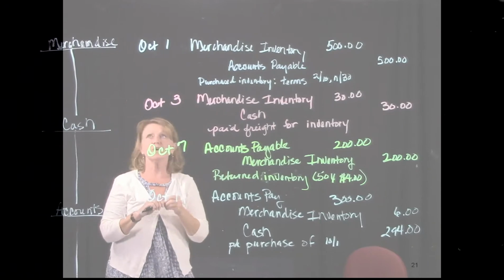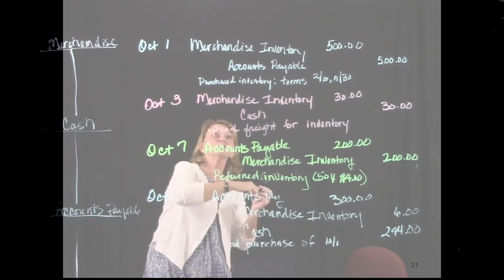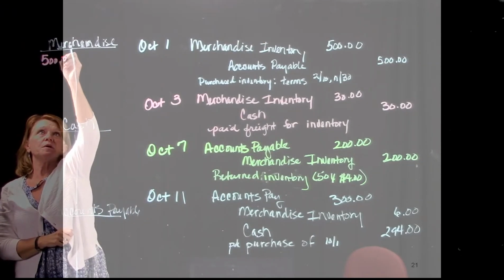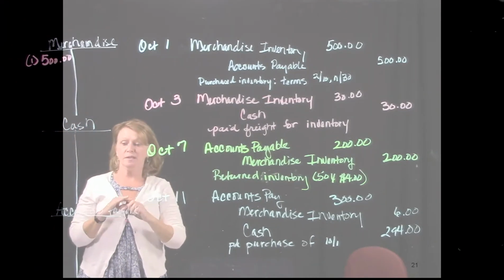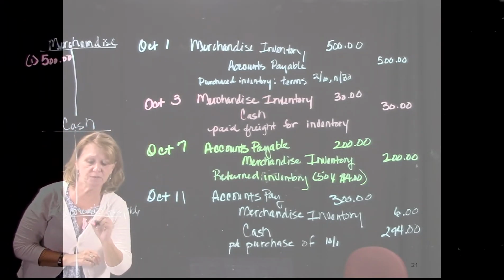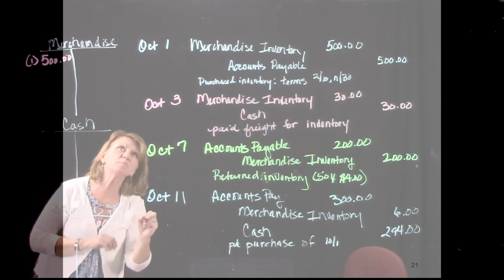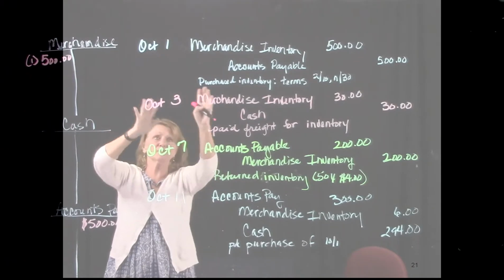Okay, so we start out posting these. On the first, we debited merchandise for $500, and we credited accounts payable for $500. You always post a connecting number to connect this back to your journal.